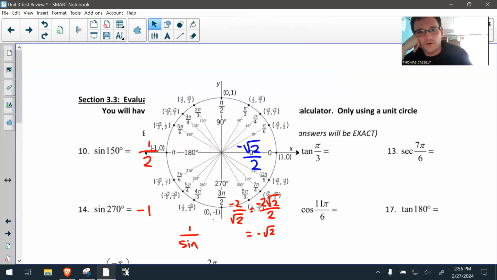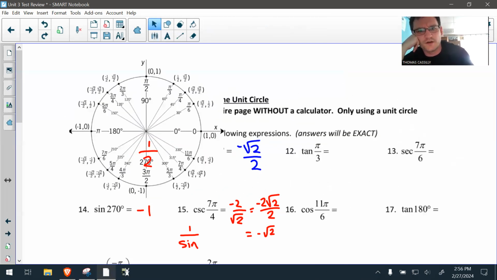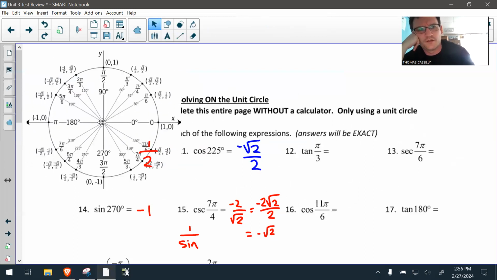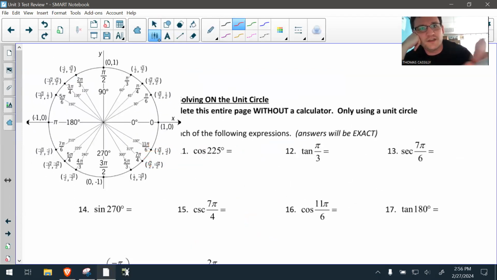All right, over here, we got the tangent of pi over 3. I'm going to clear this out. Keep in mind tangent is sine divided by cosine. First things first, find your pi over 3. That's going to be this guy right here. So it's the sine divided by the cosine.